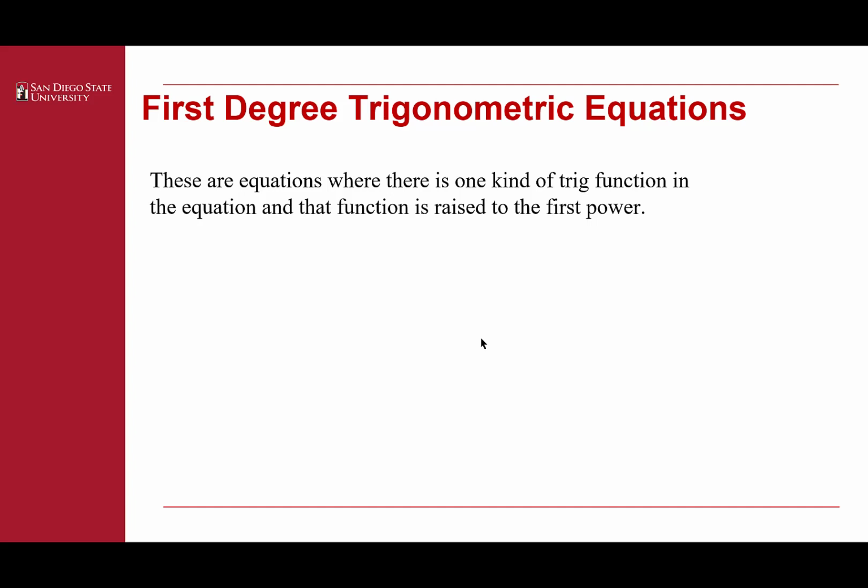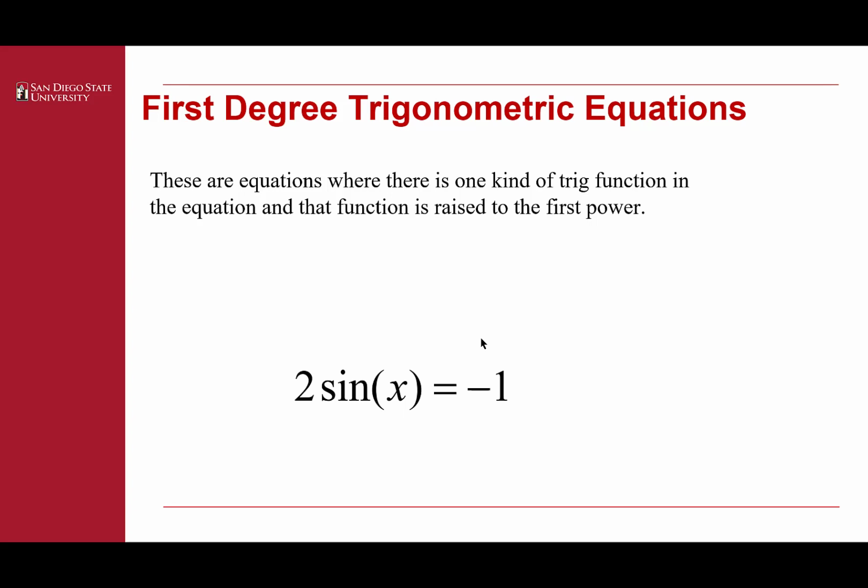So these are called first-degree trigonometric equations. And if the function is quadratic, then that will be second-degree trigonometric equations, and it will be named according to the power of the biggest term in the polynomial representation of the equation.